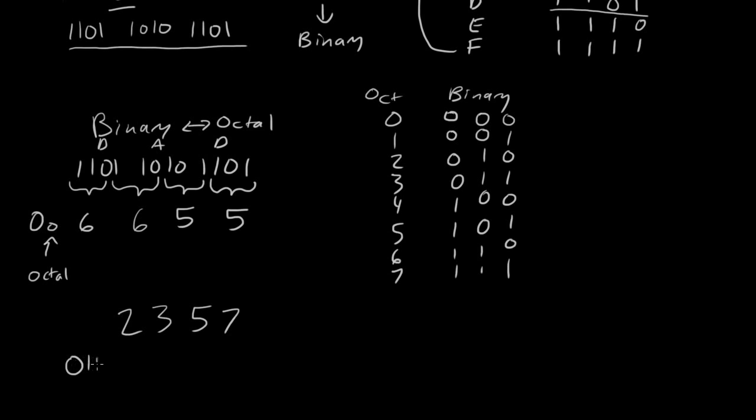So 2 is 0, 1, 0, which is this guy over there. 3 is going to be 0, 1, 1, and then 5 is 101, and then 7 is going to be 1, 1, 1 over there. So that was octal, I should say, to binary.